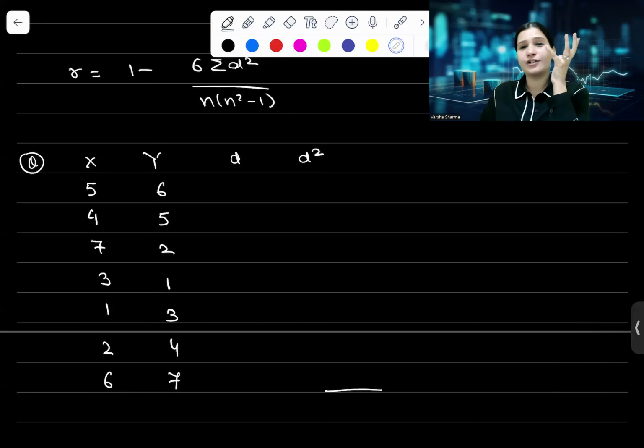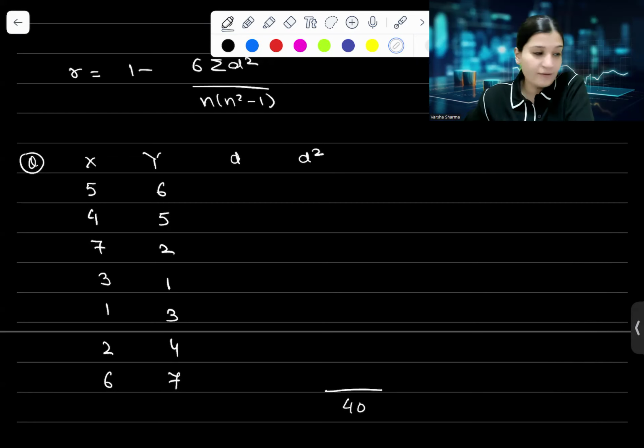You can directly use the calculator, no need for pen. Summation d square is 40. Put it in the formula: 40 into 6 divided by n, 7, n square minus 1, 48.